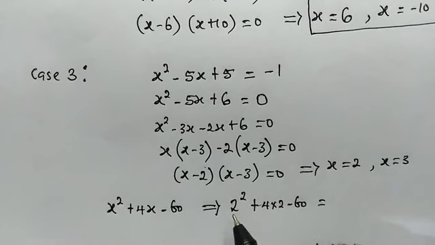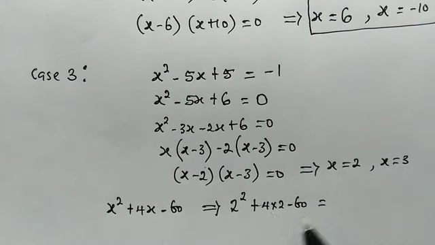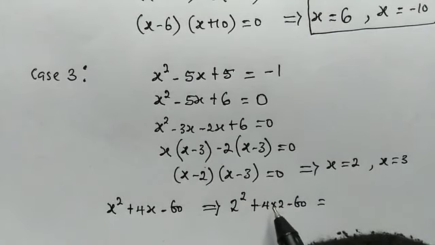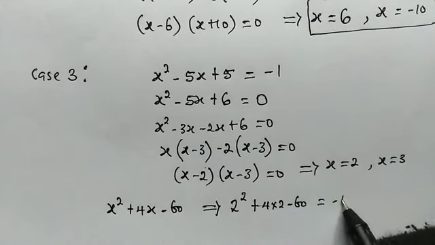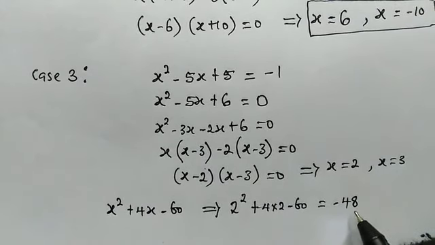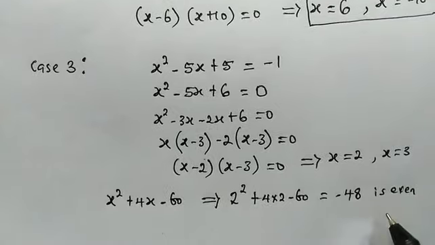Okay, so 2 squared is 4, and 4 times 2 is 8. So 4 plus 8 will give us 12, and 12 minus 60 will give us negative 48. And obviously, if negative 1 is raised to the power of negative 48, that will give us even. So we can just say that this is even, right?